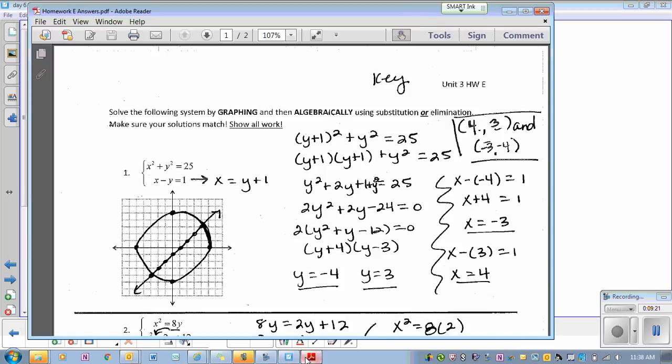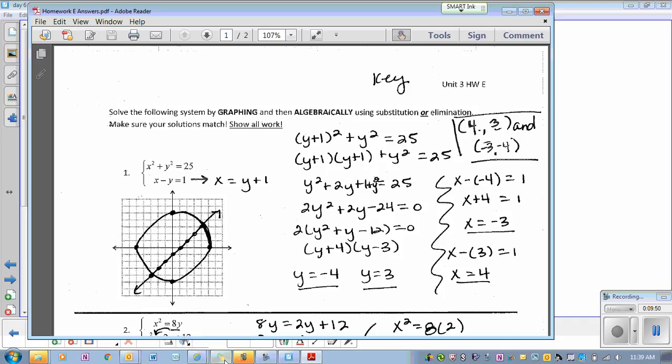All right. So you guys said you're okay with number 1? Yule? Number 1? No? You want to go over this one? So number 1, okay, it says solve the following system by graphing and then algebraically using substitution. Are you okay with graphing it? All right, so you just need to know the algebraic.